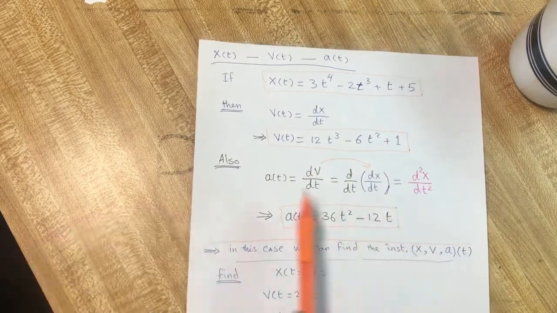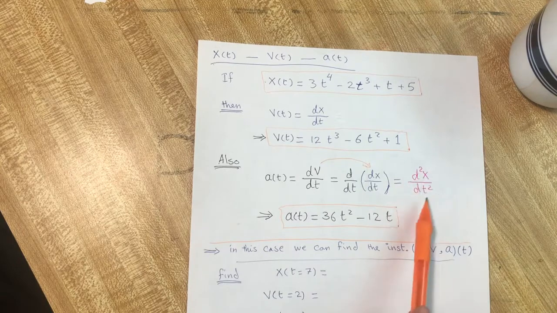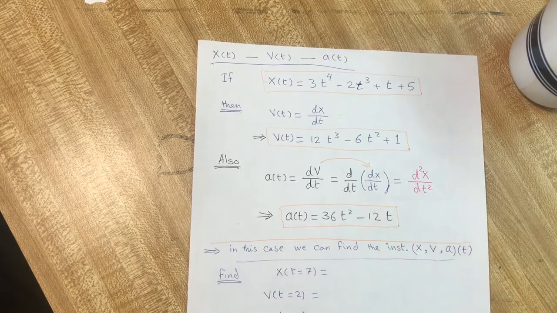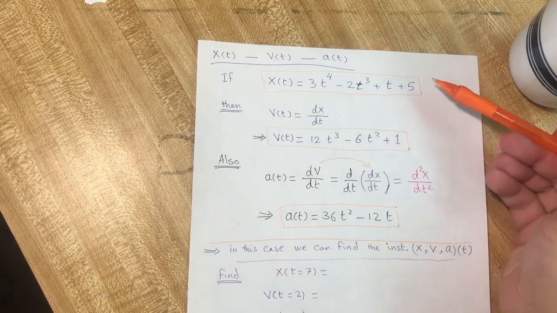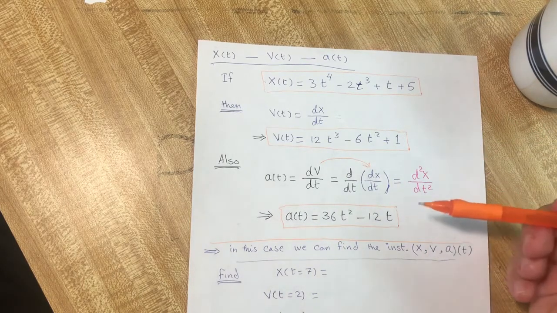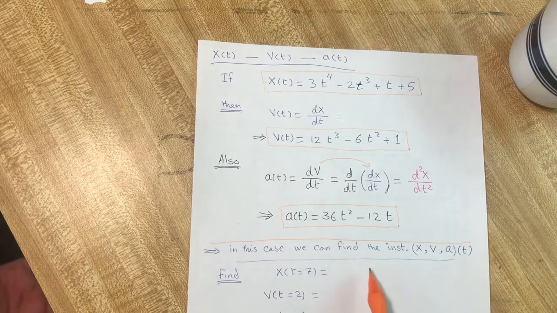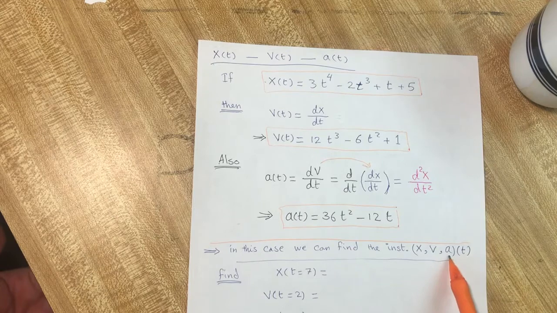So the acceleration is the second derivative of x with respect to t, which is d2x over dt squared. You need to differentiate x of t, the position function, 2 times to reach the acceleration as a function of t.